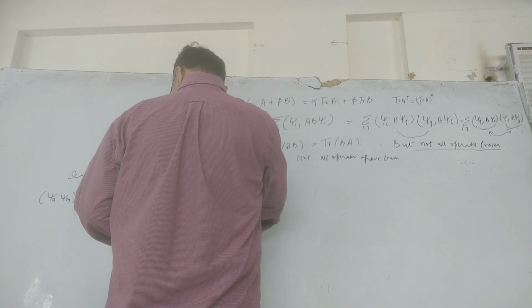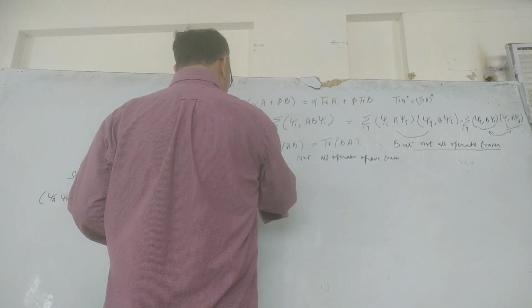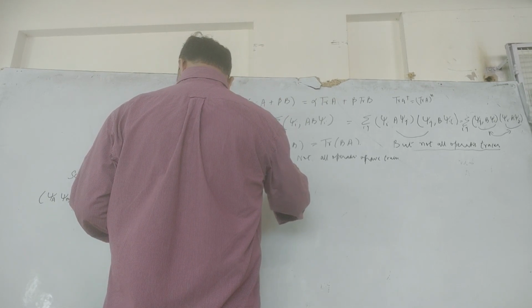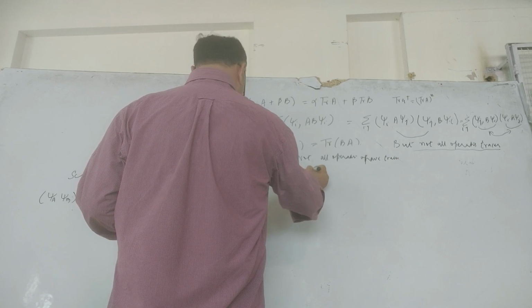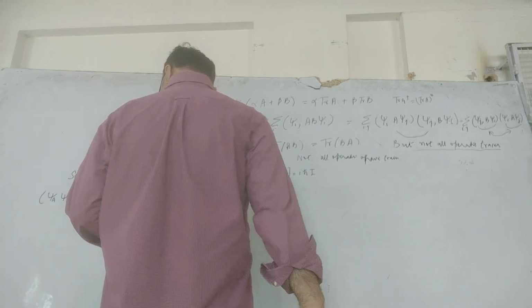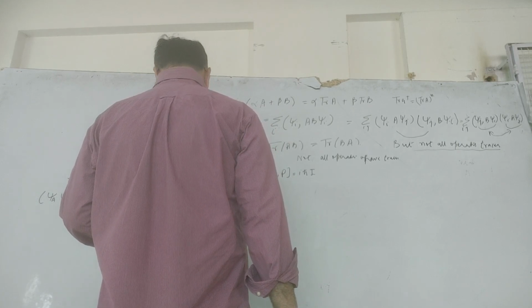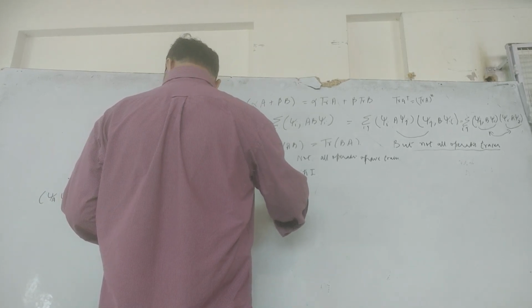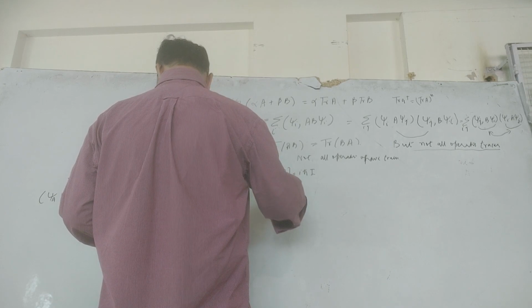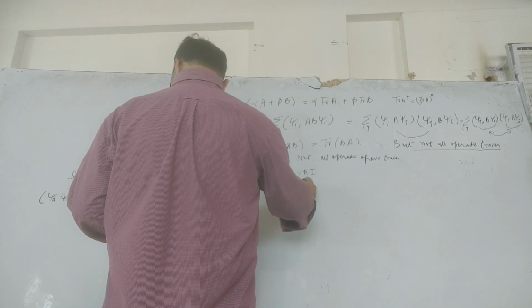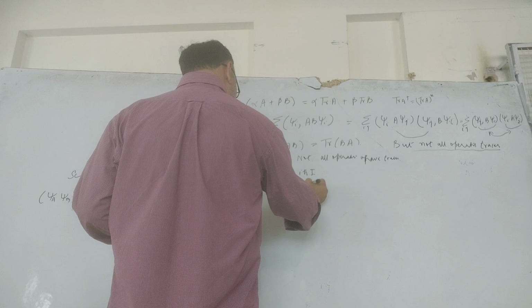For example, in the case of the commutation relation, xp - px is iota h times identity, and taking the trace gives contradictory results. This means iota h times trace of 1.